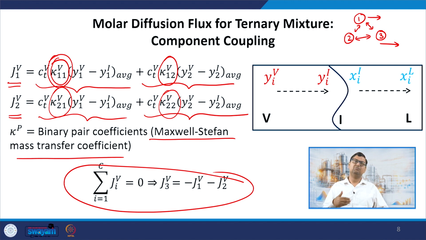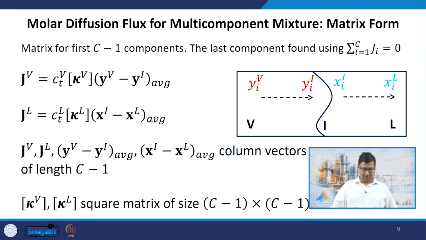So, we have a notion of a mutual diffusivity, and we will have so many mutual diffusivities possible because every component can move with respect to every other component in the system, and that has to be accounted for. So, the general form for a multi-component mixture is therefore going to be quite complicated.